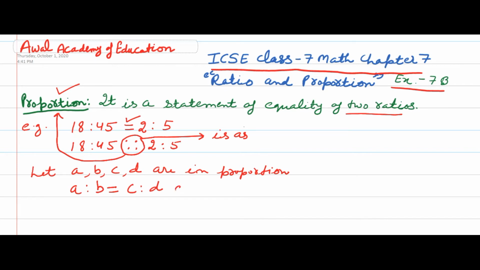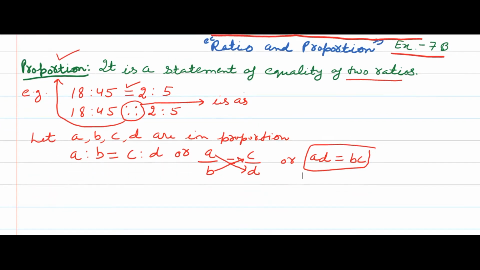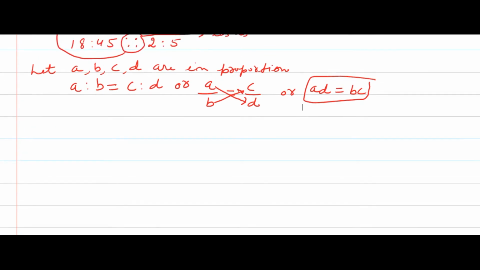Or we can write them in fraction form, A upon B equal to C upon D. Or let us cross multiply them, and after cross multiplying, we get AD equal to BC. So this is one thing you also have to keep in mind while solving problems related to ratio, right, students?